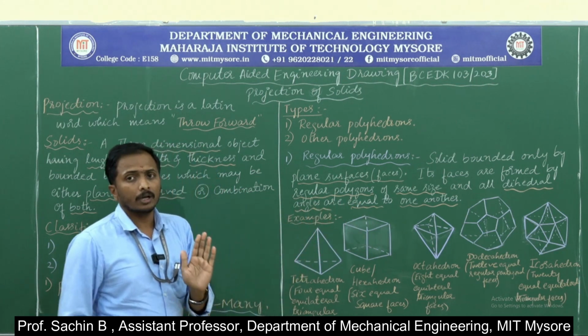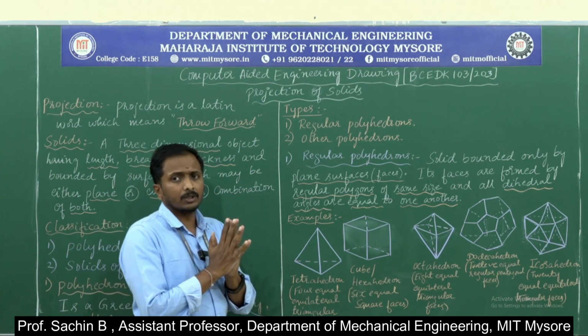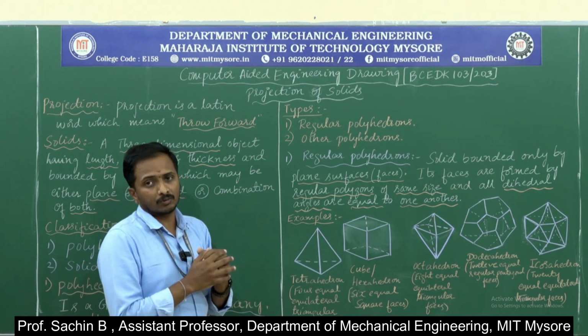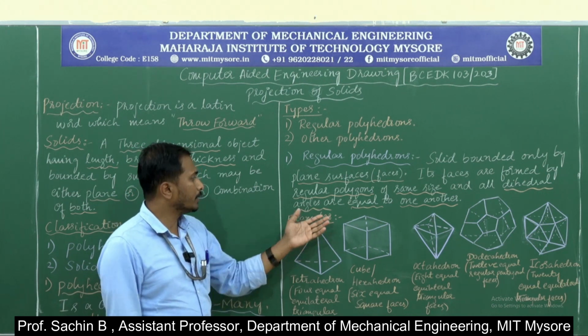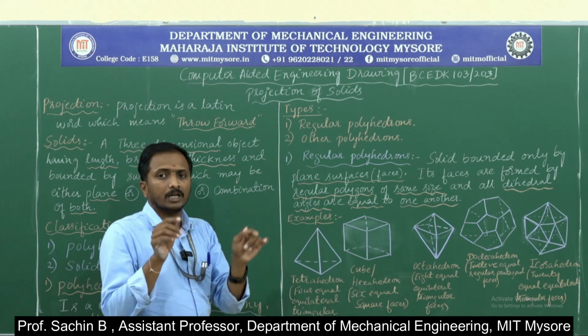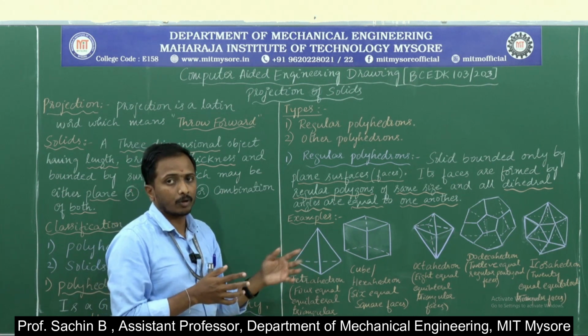It means regular polyhedrons have the same faces on all sides, bounded by regular polygons of the same size. For example, with squares, the complete surface will be bounded by squares. That is called the cube or the hexahedron.